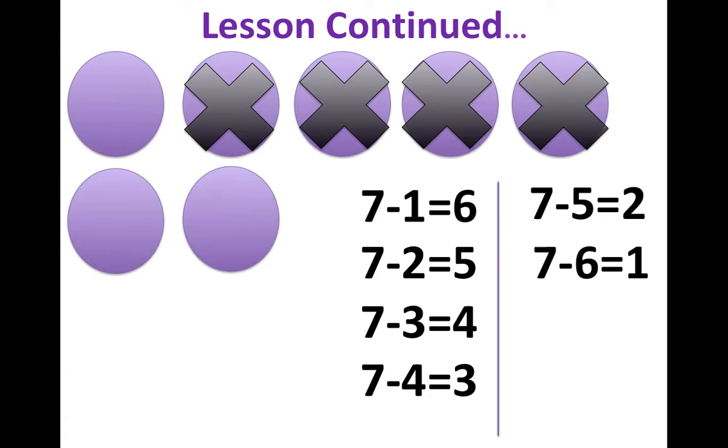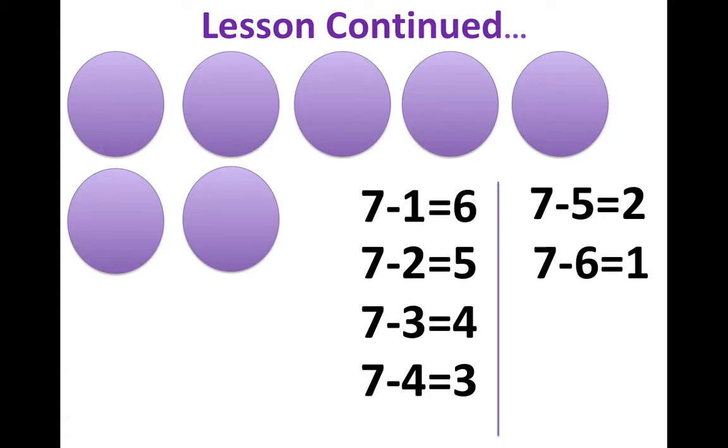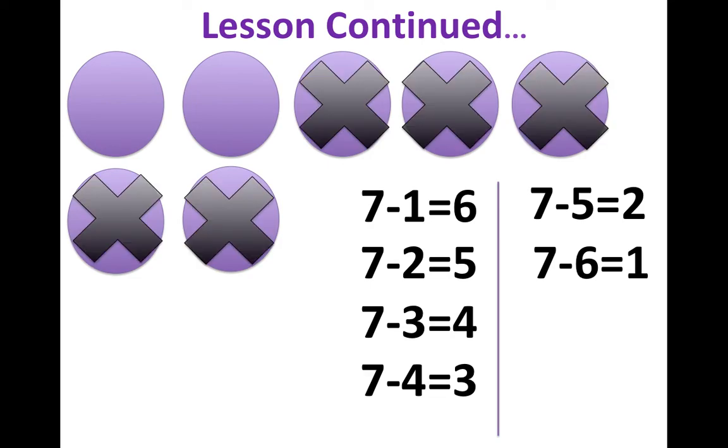So now I have 7 counters, right? And I decided to take all of them away. How many do I have? I have none. In English, when there is nothing, we usually use the word nothing or none.